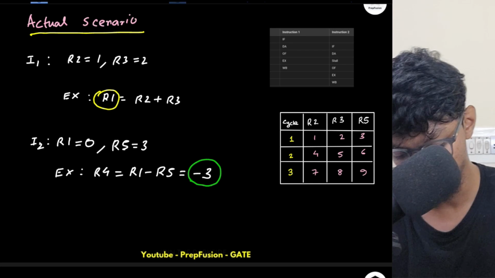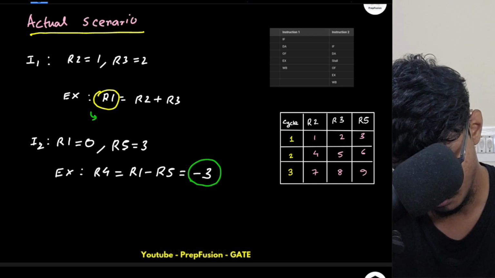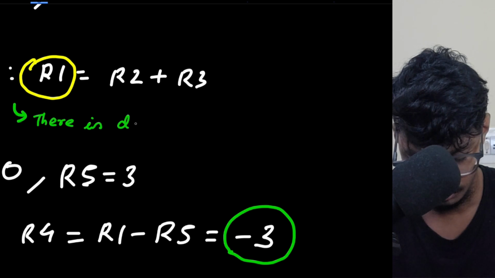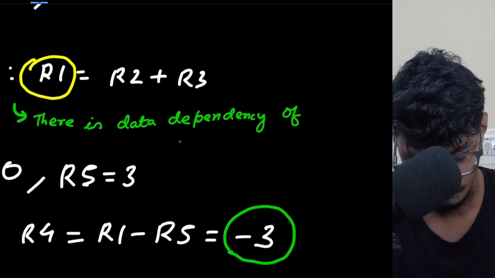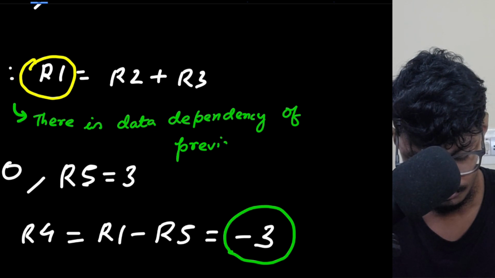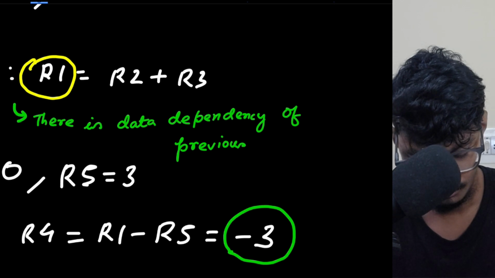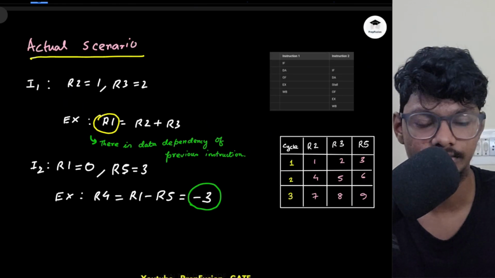So there is a data dependency on the previous instruction. Okay, so that is the problem here.